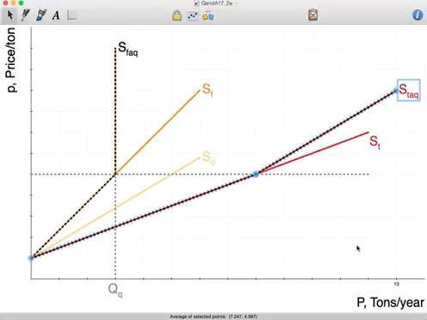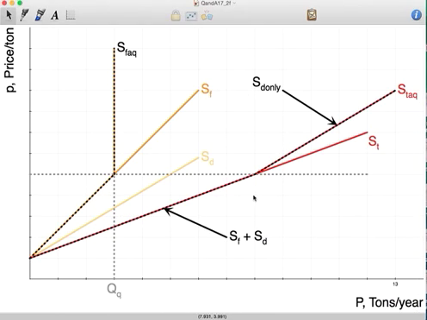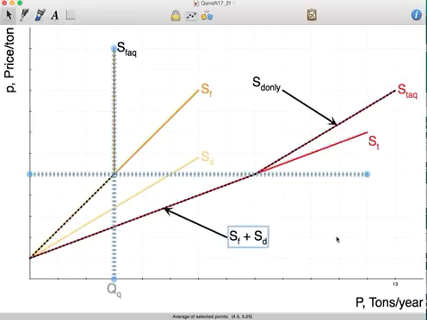And the explanation for that is that we have the price where the quota amount intersected the foreign supply curve. At that price is where the kink in the total supply curve is going to occur. For prices below that price, the total supply curve is going to be the summation of the foreign supply and the domestic supply.